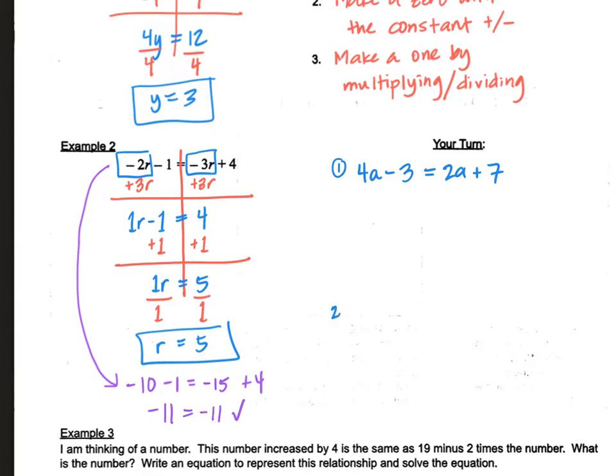And then number 2, negative 3r plus 9 equals negative 4r plus 5. Please pause this video for a few minutes, maybe 3 to 5 minutes, so that you can try these out. And then after several seconds here, you're going to see the answers pop up. So please go ahead and pause it before you see the solution.